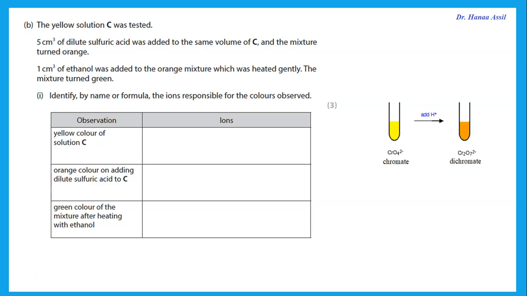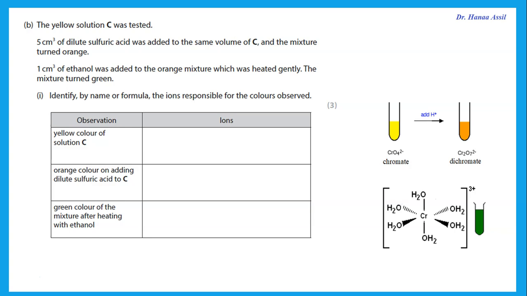That should tell you that what we're starting with as a yellow solution is the chromate ion. Chromate ions, when you add acid, it becomes dichromate, and dichromate is an oxidizing agent. So if we add ethanol to the dichromate, the ethanol becomes oxidized and the dichromate becomes chromium 3+ complex.